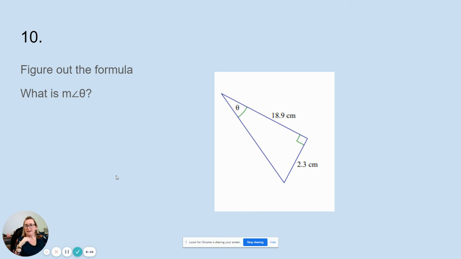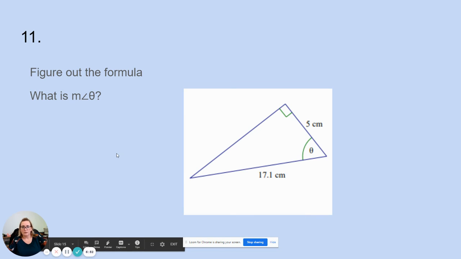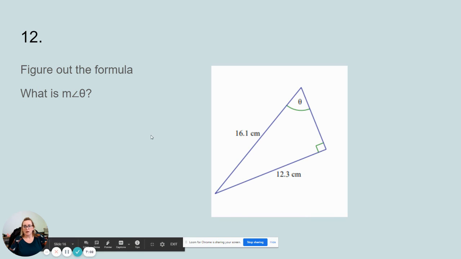You guys are going to find the angle on this one as well. Use the information you're given and find the angle. Here's another one. We have two more. So this one is another one. Figure out what formula and find the angle. All right, and last problem. Figure out which formula you need to use and find the angle.